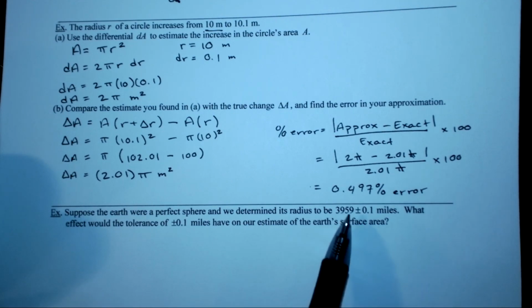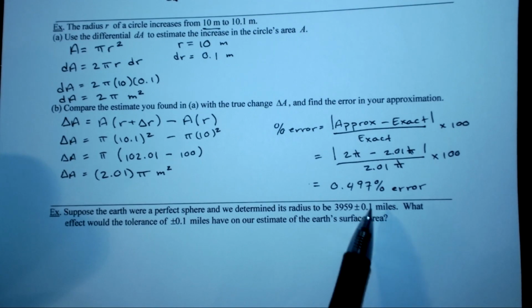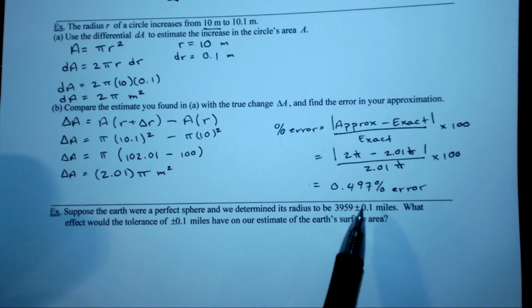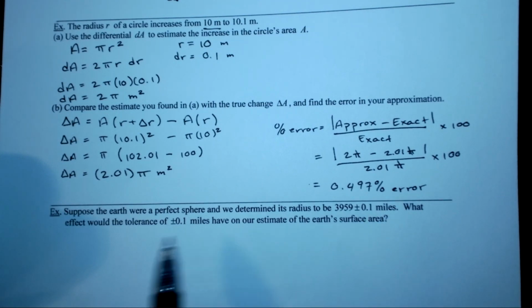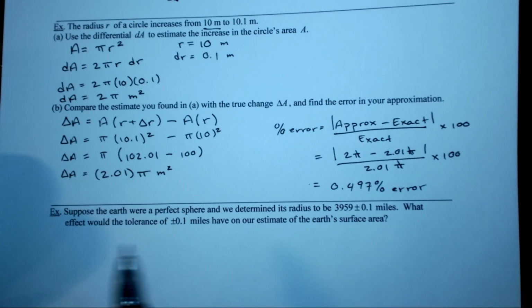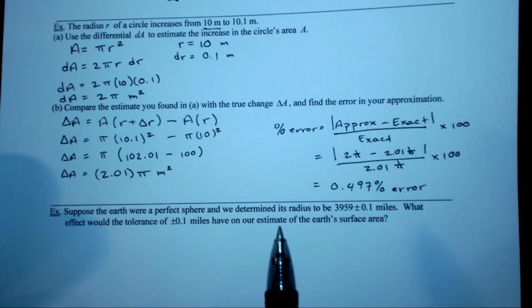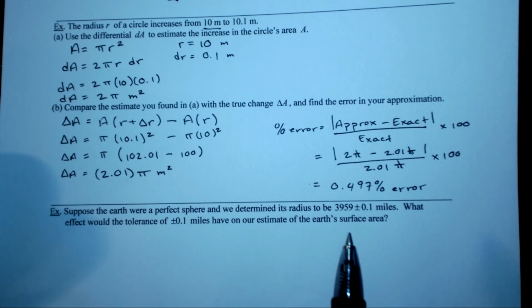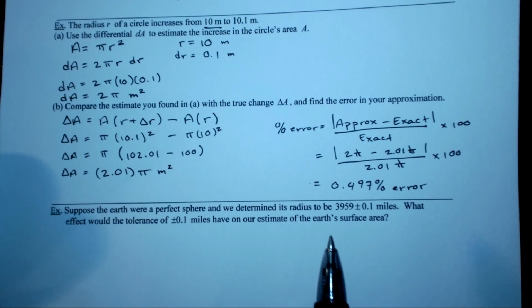Basically, you have the original radius, and you know what the change in the radius is. When we're looking at what effect that tolerance would have on the estimate of the surface area, you're looking for percent error, right?